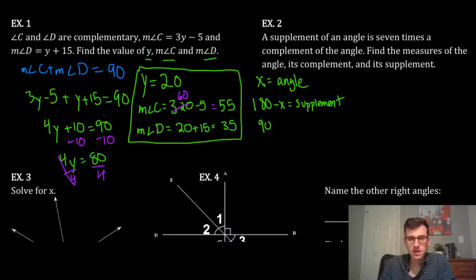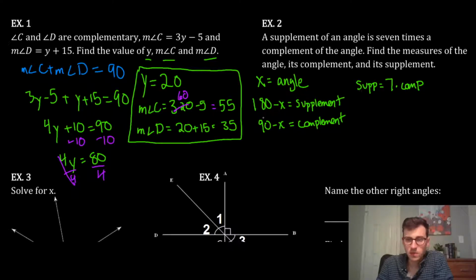And 90 minus x is equal to the complement of the angle, right? Because again, x plus whatever this is equals 90. So a supplement of an angle is 7 times the complement. So here, supplement is equal to 7 times the complement.